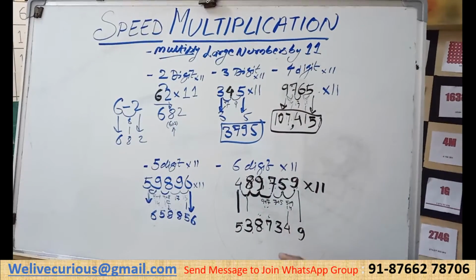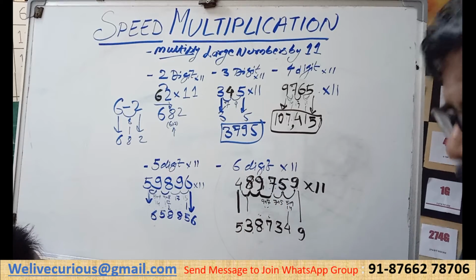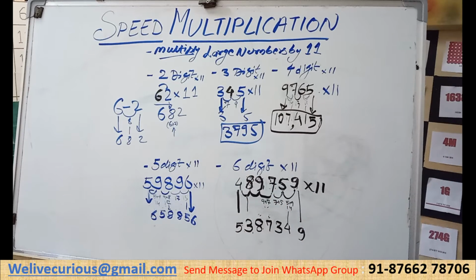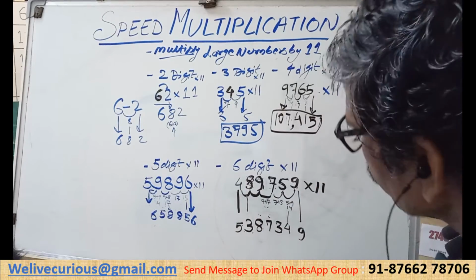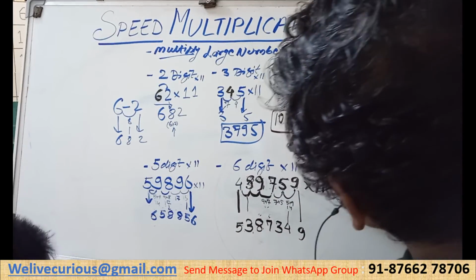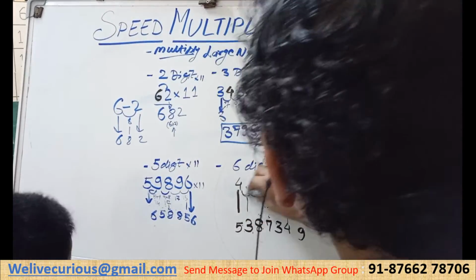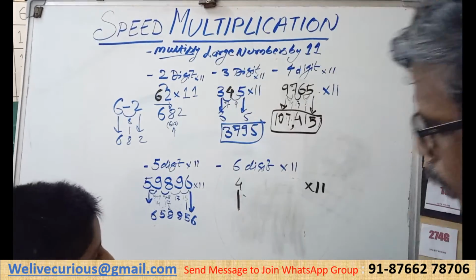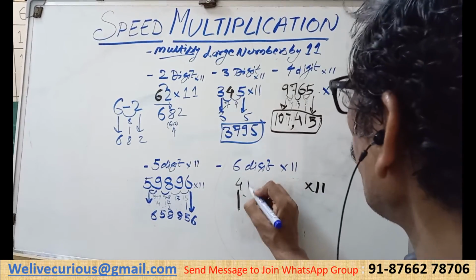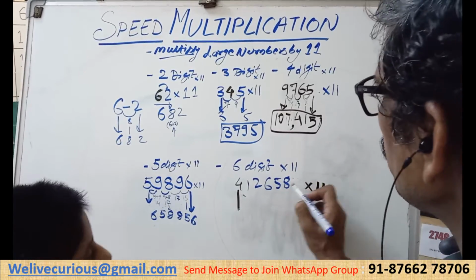Fine. So what we did, we started with 6 digits where there was no carry forward. I will explain what I taught in the class. Where there was carry forward, what we did, I will repeat so they can also understand. 4, 1, 2, 6, 5, 8, multiply 11. 6 digits.